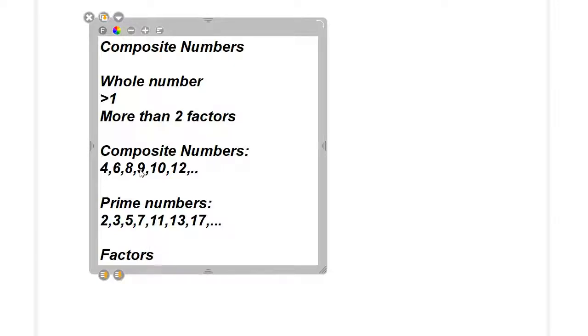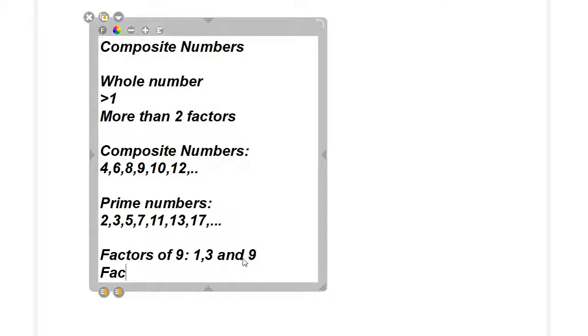So we'll find the factors of 9. If you're still unsure about factors, you can also refer to my previous video, but the factors of 9 will be 1, 3, and 9, because 1 times 9 is 9, 3 times 3 is also 9.